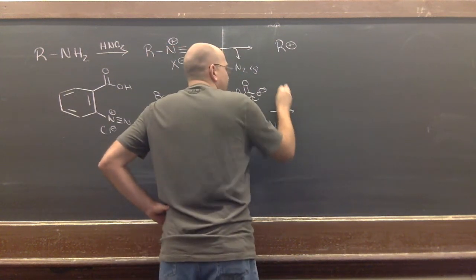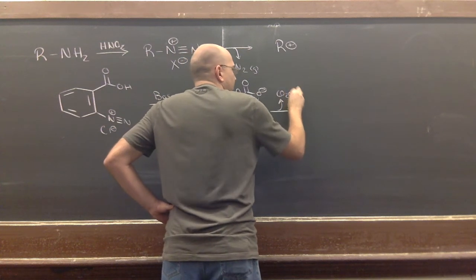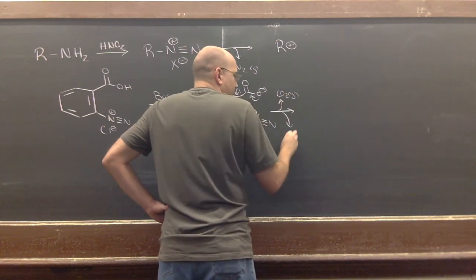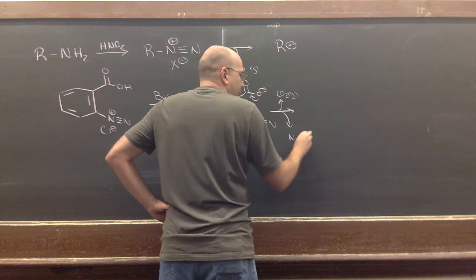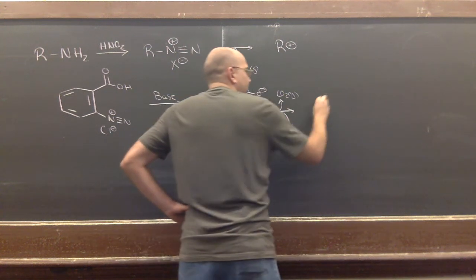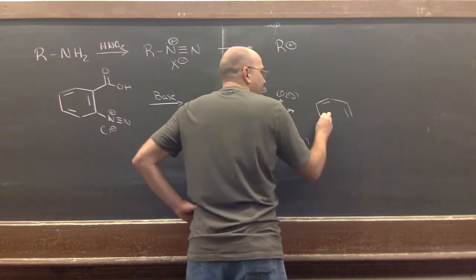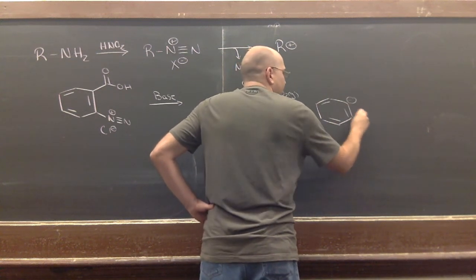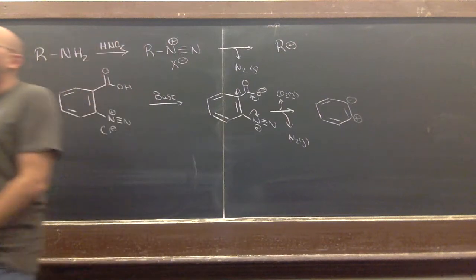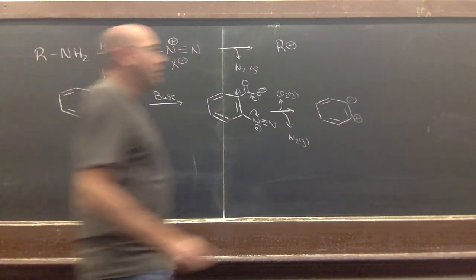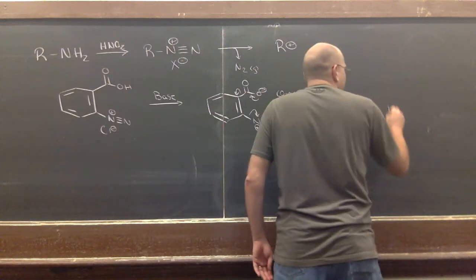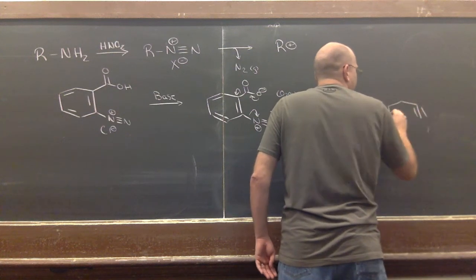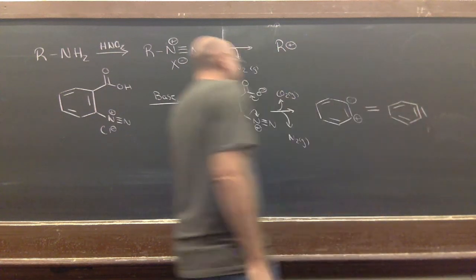And so you lose CO2 gas, nitrogen gas, and the net result of that, depending on how you want to push the electrons, as I drew, is benzyne, as I've drawn it in the ionic state, but again, that's benzyne.